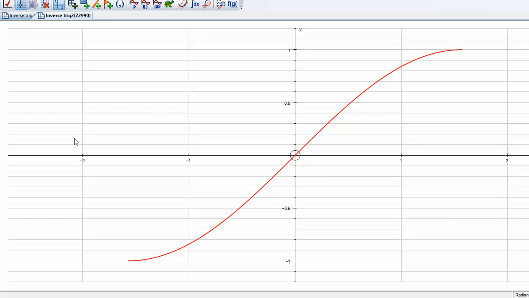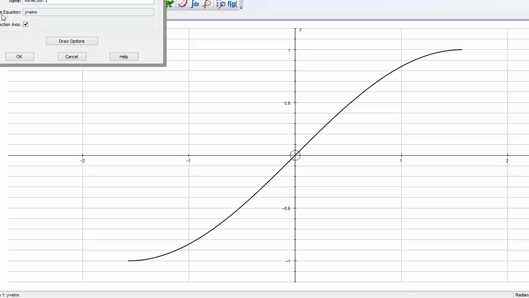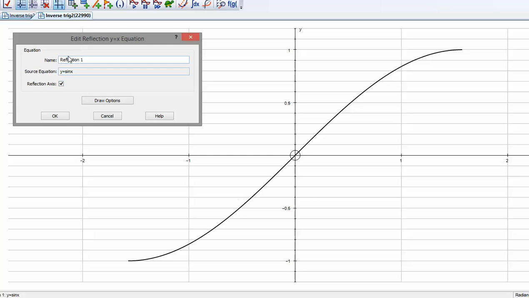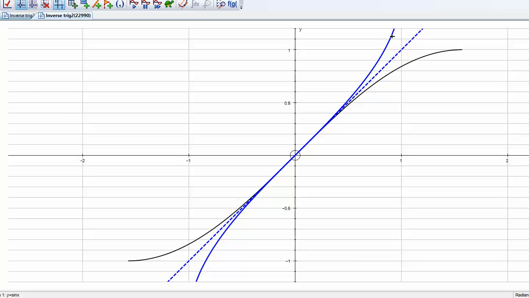So there we've restricted the domain, and we also know that the inverse function is a reflection of this in the line y equals x. Now the graph software does that for us, so it reflects it in the line y equals x, and we'll put in the reflection axis. And there we are, that's our inverse function.